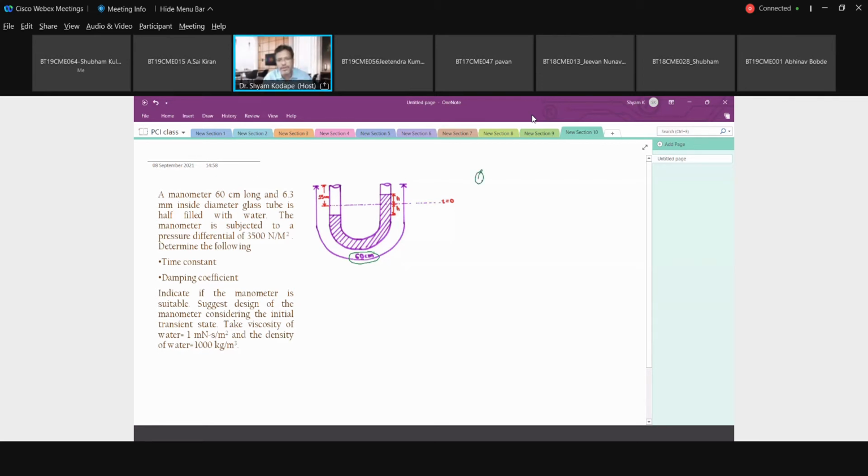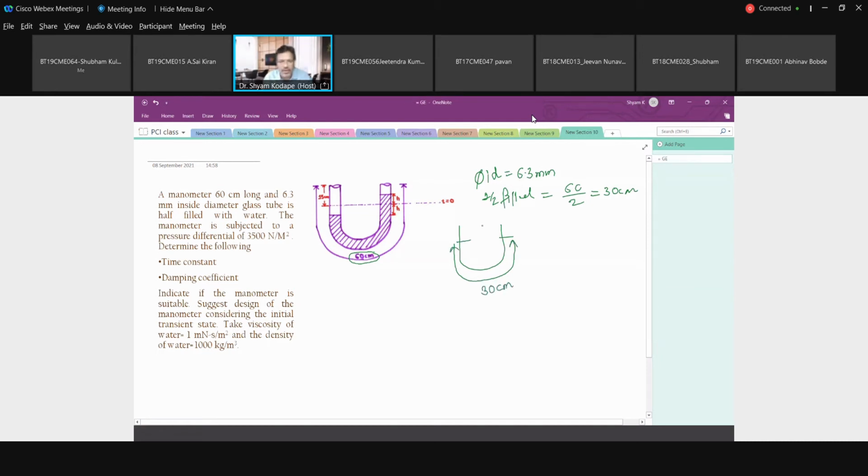The tube is half filled. Half filled means the total divided by 2, so 30 centimeter is half filled. So the tube is like this. The liquid height is 30 centimeter.